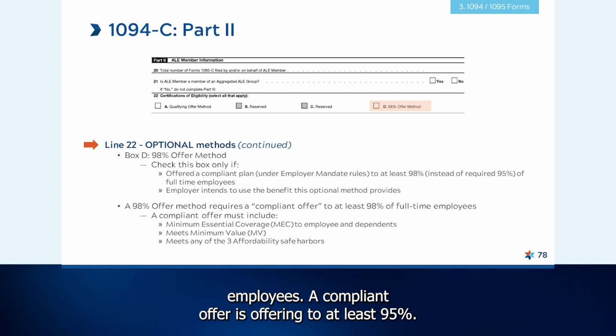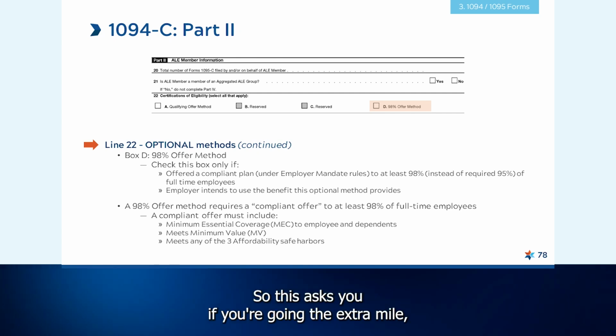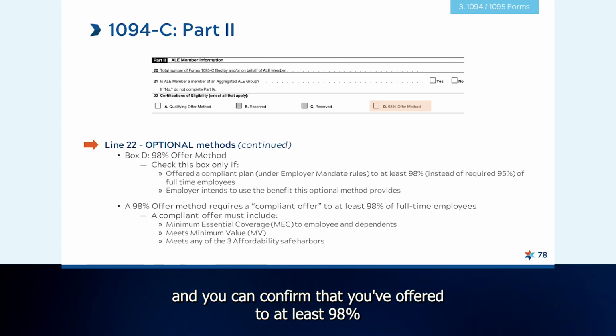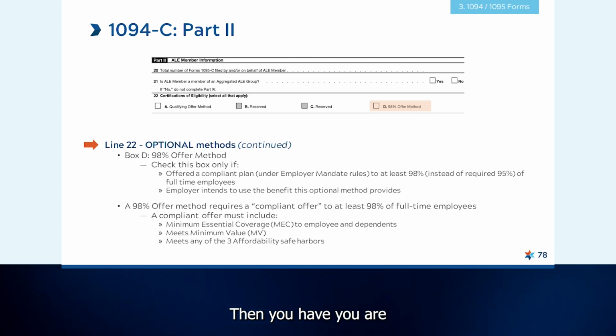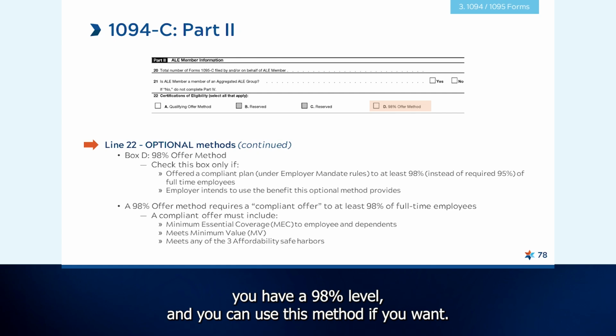A compliant offer is offering to at least 95%. So this asks if you're going the extra mile and you can confirm that you've offered to at least 98% of your full-time employees and dependents, then you have a 98% level and you can use this method if you want.